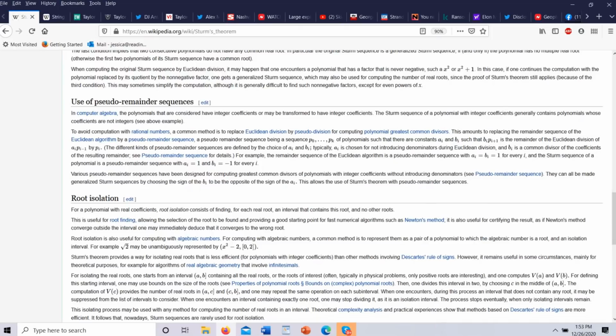Look at that, pseudo remainder sequence, root isolation. Root means something basic.